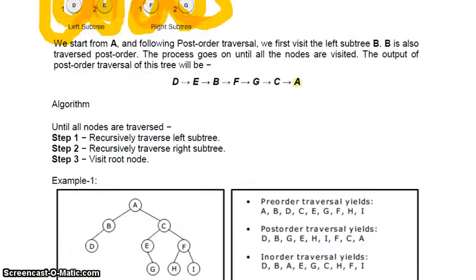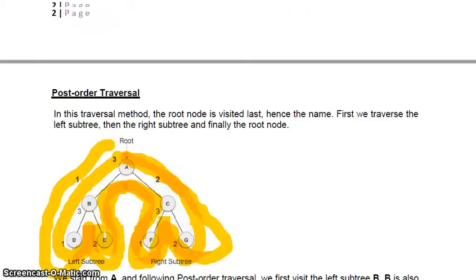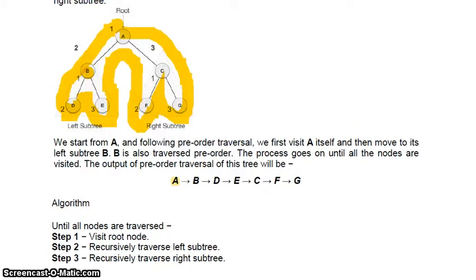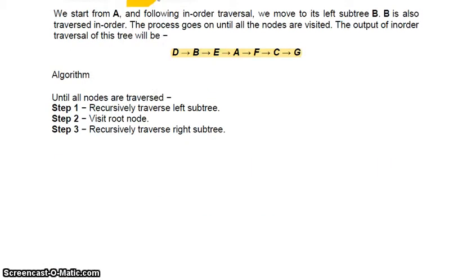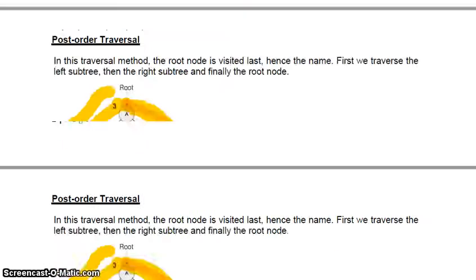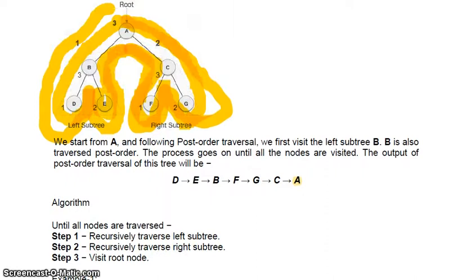So these steps we need to remember for the three traversal methods, and we can easily do it with the help of the trick I told. First we need to draw a line, then like this, then we can approach towards left, right, or the bottom.